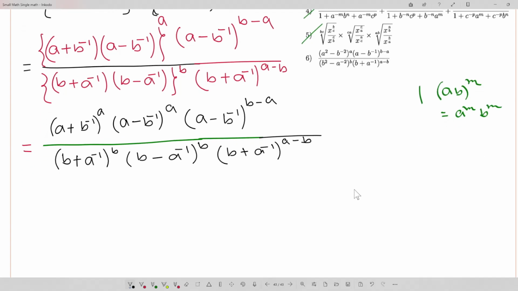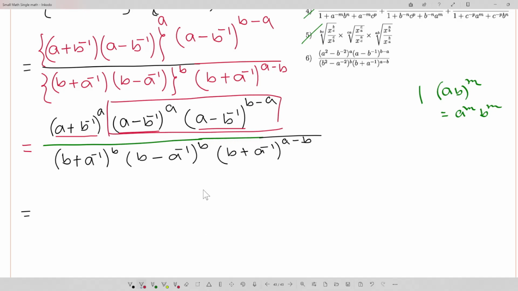Very simple. Okay, then here is (a + b⁻¹), and here (a − b⁻¹), and here (a − b⁻¹). So look, these are similar.